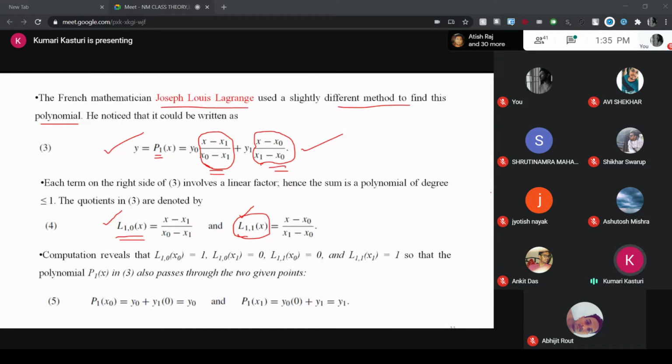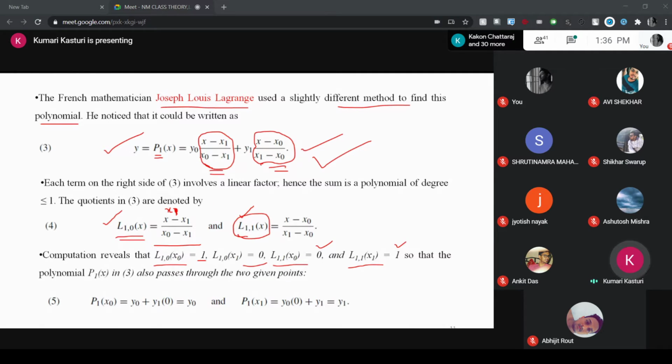Now in these Lagrange coefficients, if we find L10 of x0, means at the place of x, just replace x0, then it will come 1. Then L10 of x1, at the place of x, if we put x1, then it will come 0. Similarly, you have to find L11 of x0 and L11 of x1. So it will come 0 and it will come 1. Now put all these values in this equation.